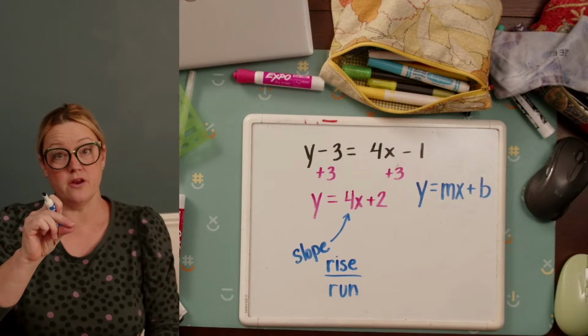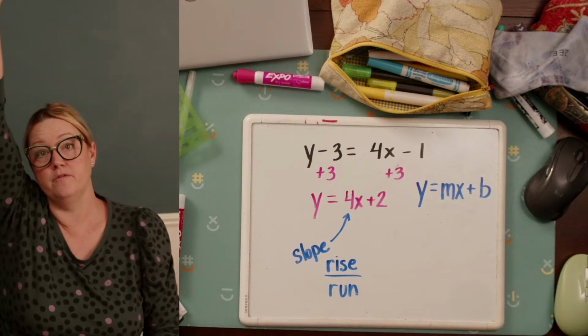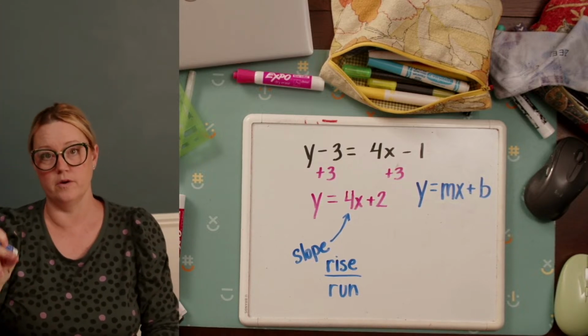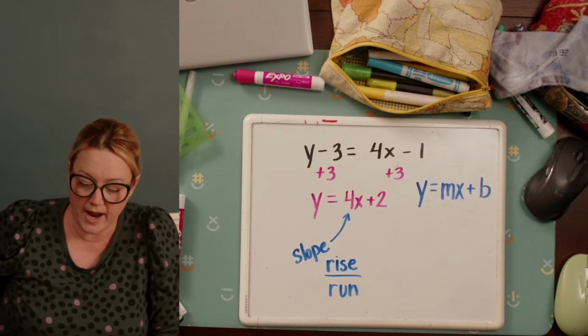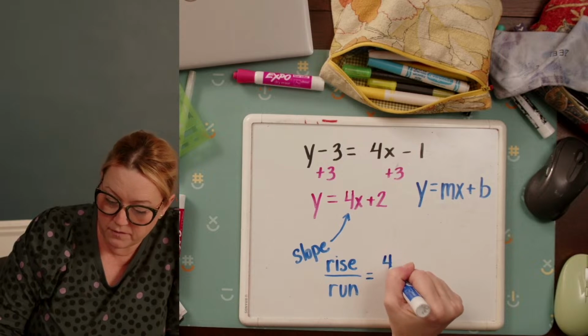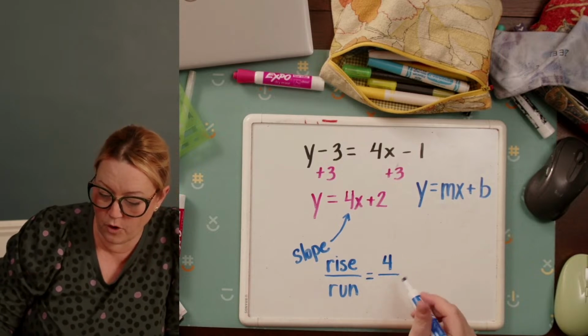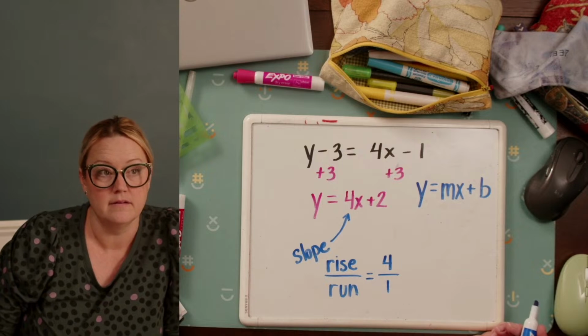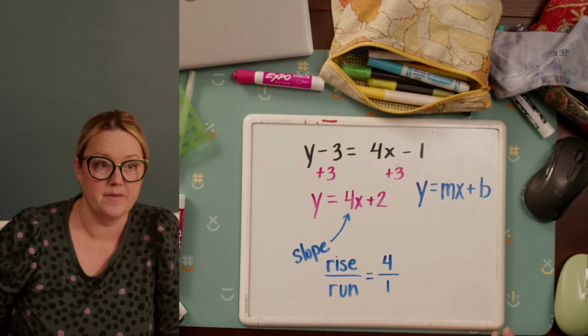Think about stairs, right? You're going up, forward, or you're going down, forward, right? So rise over run. So that means that every time I move up 4, I move forward 1. It's 4 over 1, right?